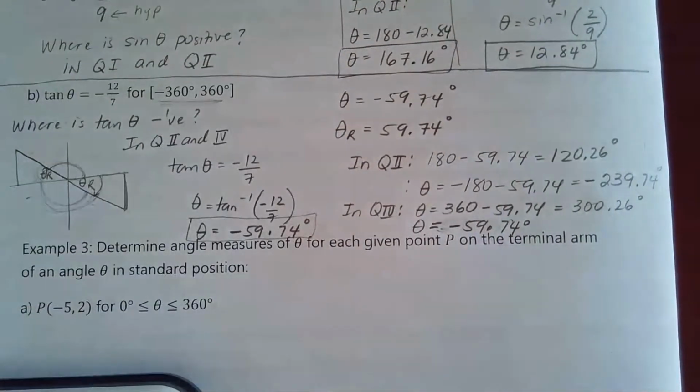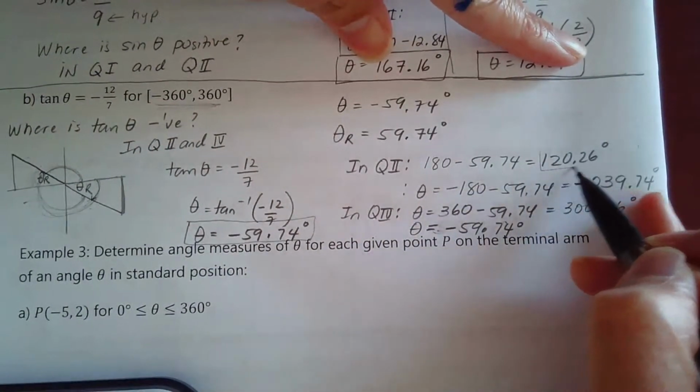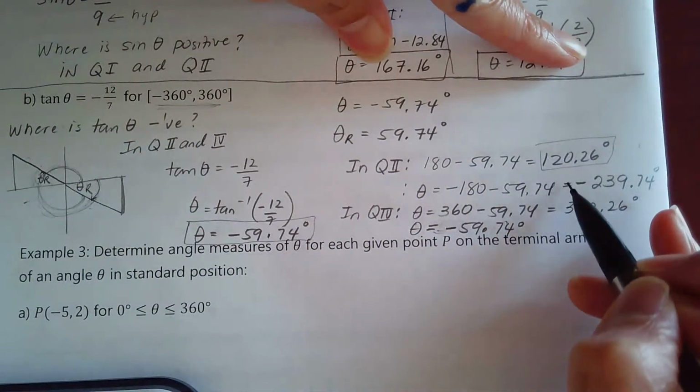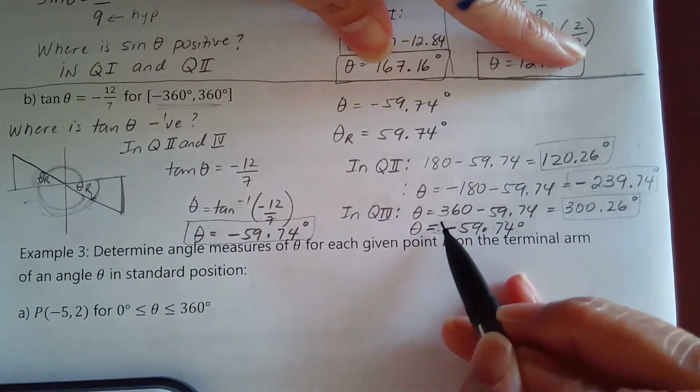Okay, so in this particular case, there are actually 4 different solutions. You've got 2 positive values and 2 negative values.